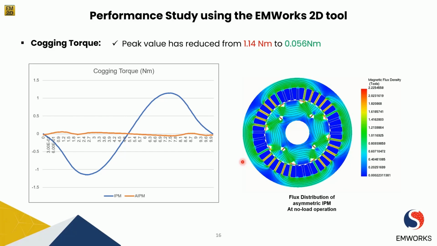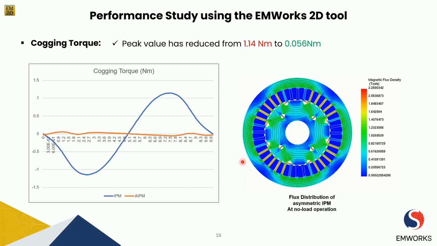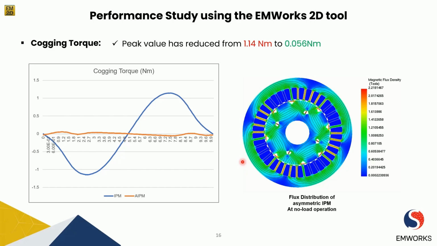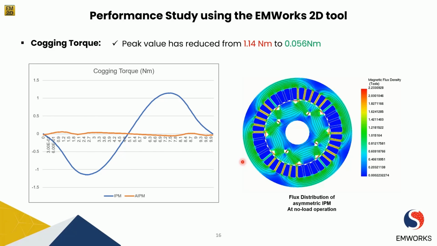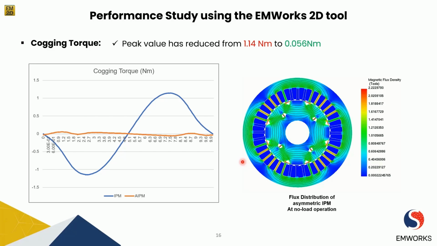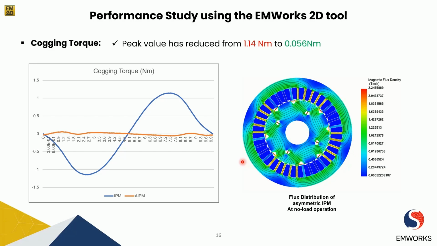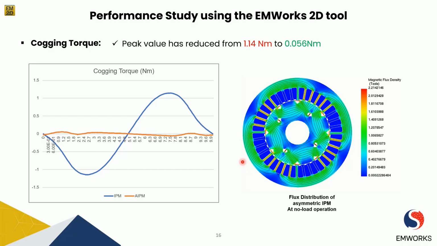And the results prove that the data collected from previous research is also correct, and the asymmetric design can affect the torque characteristics in a way that we can expect better performance, especially lower torque ripple, compared to conventional symmetric machine designs.